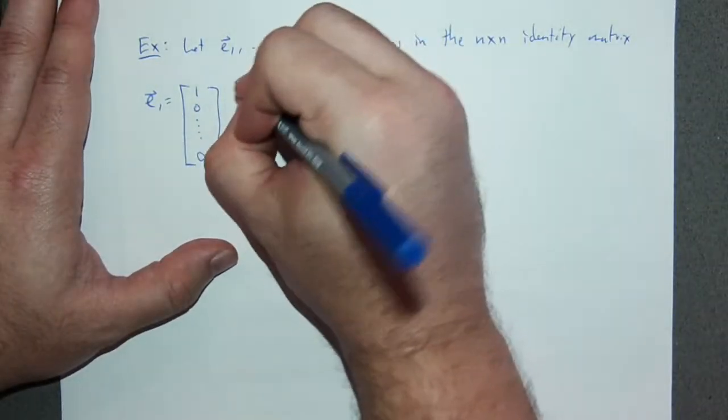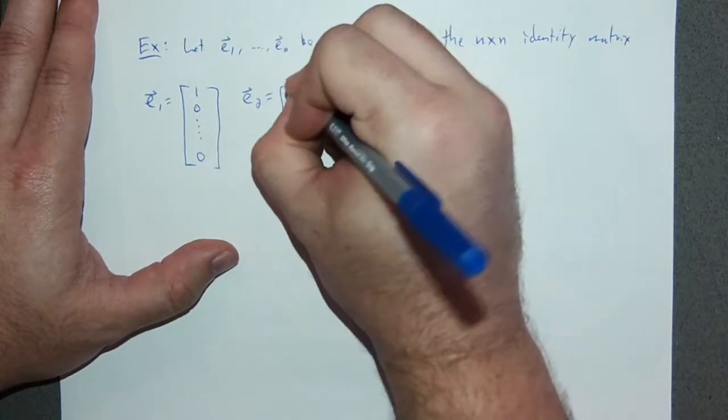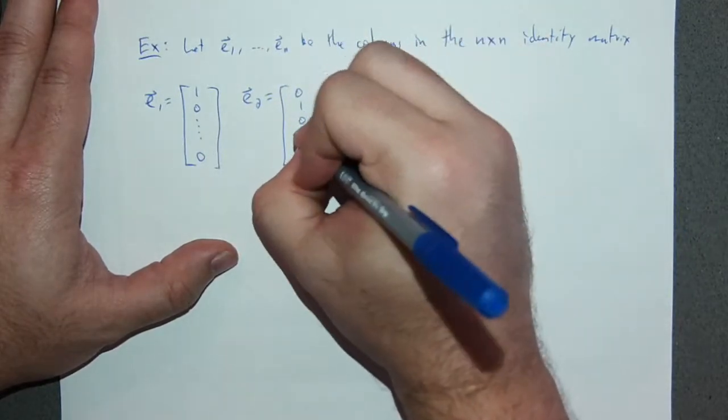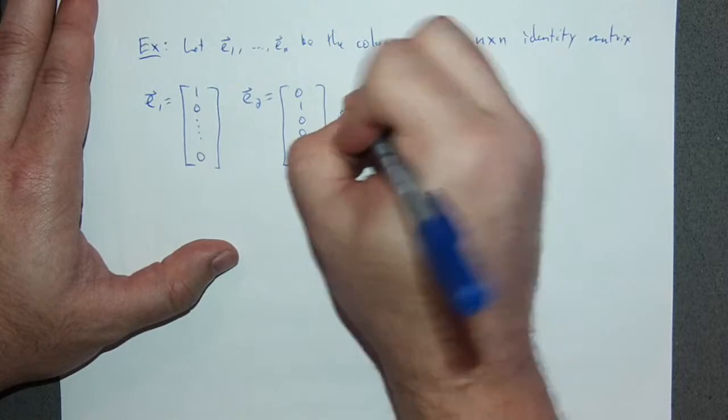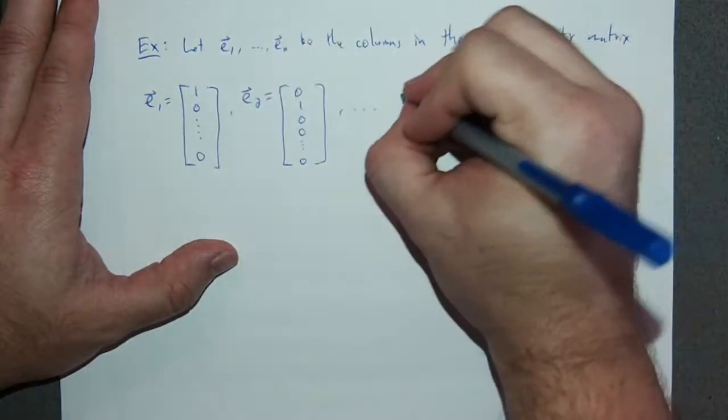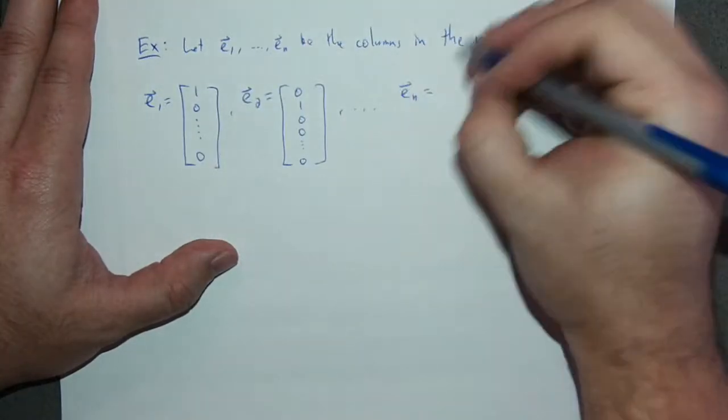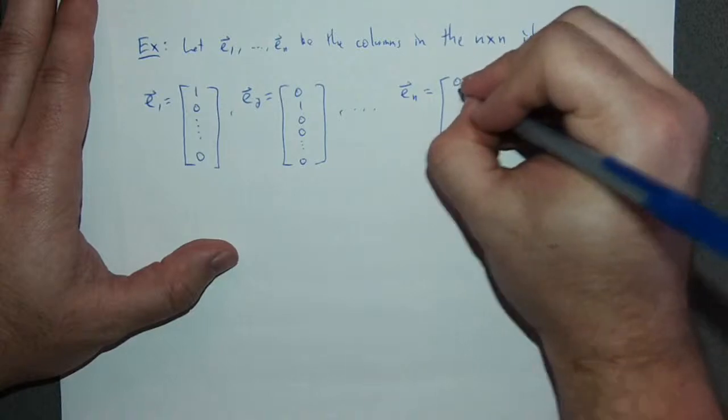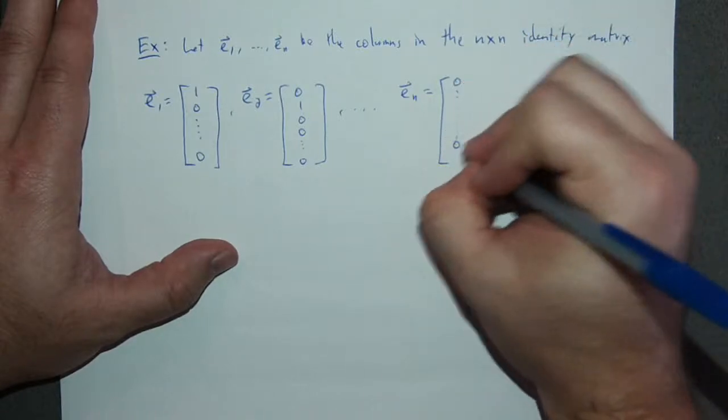E sub 2 is the vector 0, 1, 0, 0, and so on. Keep on going all the way out to E sub n, which is zeros all the way to the last entry.